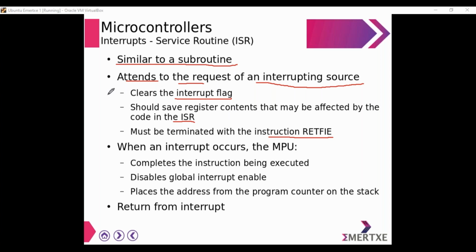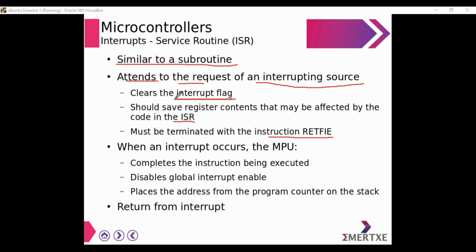See what happens whenever an interrupt source creates an interrupt. The first thing your microcontroller does is clear an interrupt flag. I told you that for every source of interrupt, I will call the same ISR. Now, how do we identify whether I came to the ISR because of UART, or because of the timer, or because of the ADC?